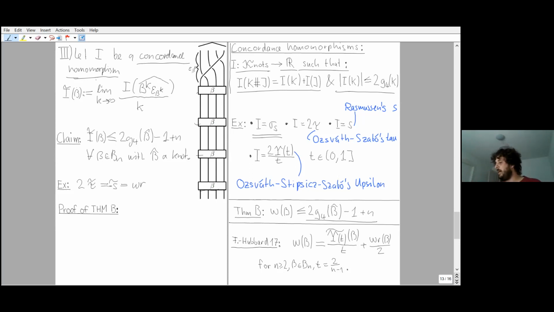And so now comes my own final and I guess only proper proof. Let me just prove for you theorem B, and it's going to be a silly proof. The silly proof is the following. It turns out that the fractional Dehn coefficient can be written as homogenization of some I, where I is a slice concordance homomorphism divided by 2, plus the writhe divided by 2. And to give you a little bit more detail, that's also a result of mine and Diana.